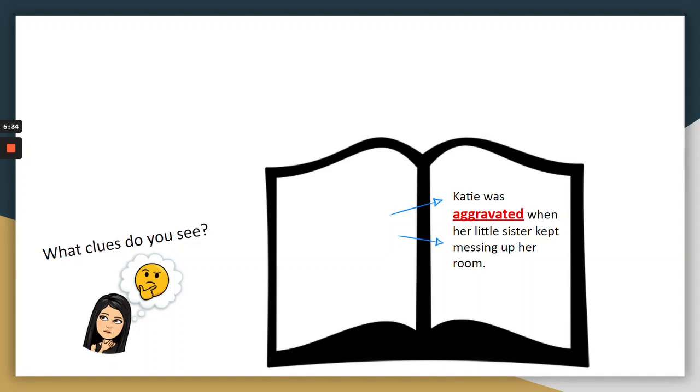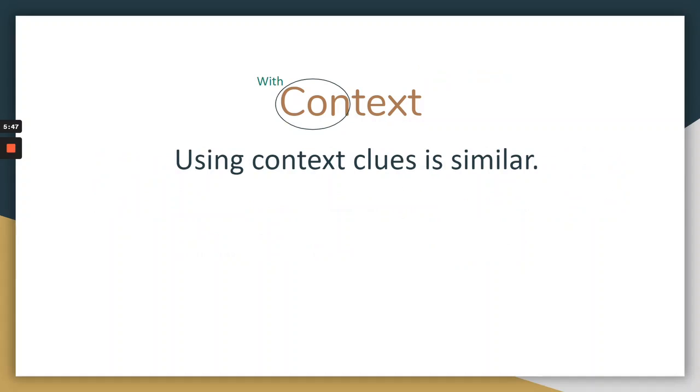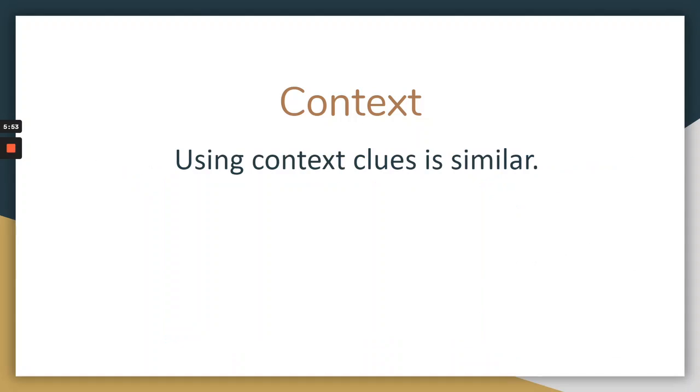I want you to keep on looking below after that word, aggravated: when her little sister kept messing up her room. Paint a picture in your mind, keeping in mind that context is like the setting of a word.